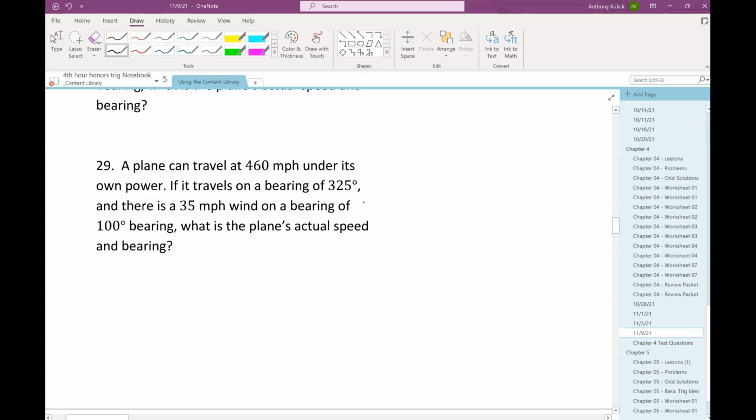Can travel 460 miles per hour under its own power. If it travels on this bearing, and there's this much wind, what is the plane's actual speed and bearing?